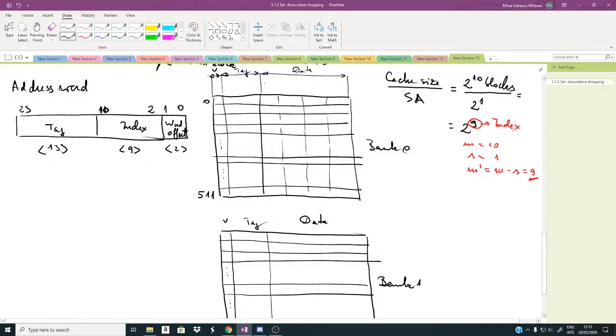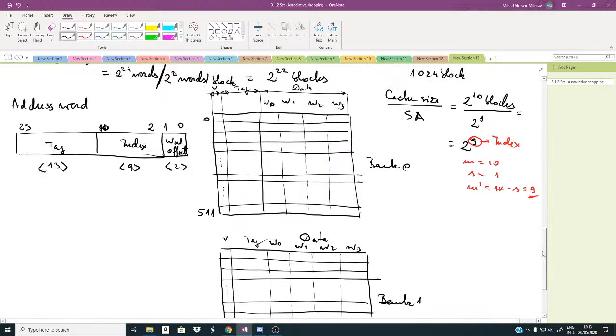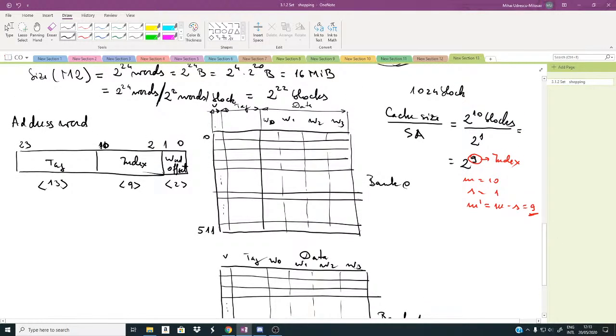So this is word 0, word 1, word 2, word 3. Like this: word 0, word 1, word 2, word 3. And the valid bit, as we know, is on 1 bit. The tag is on 13 bits, and one word is on 8 bits.